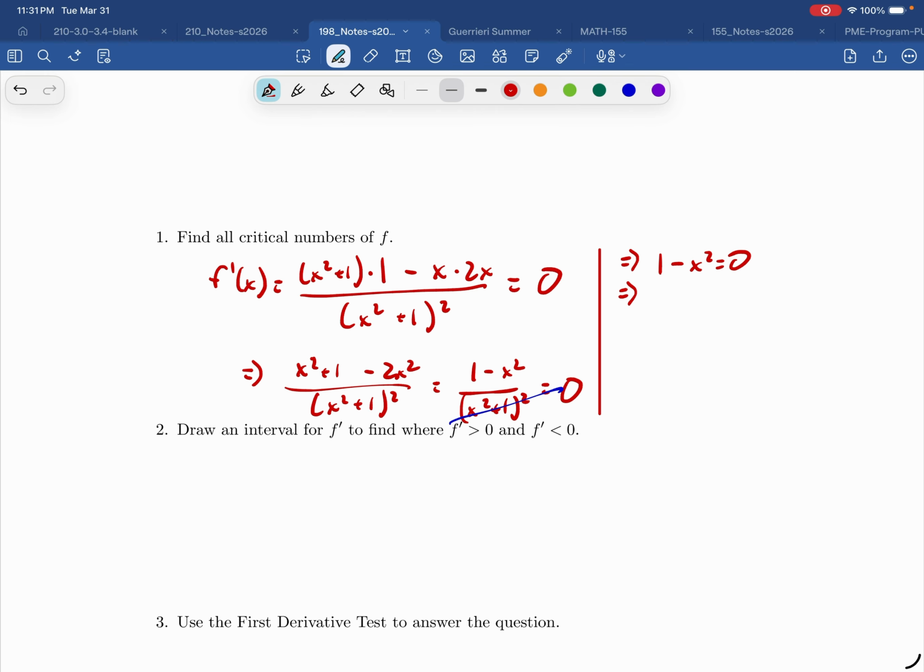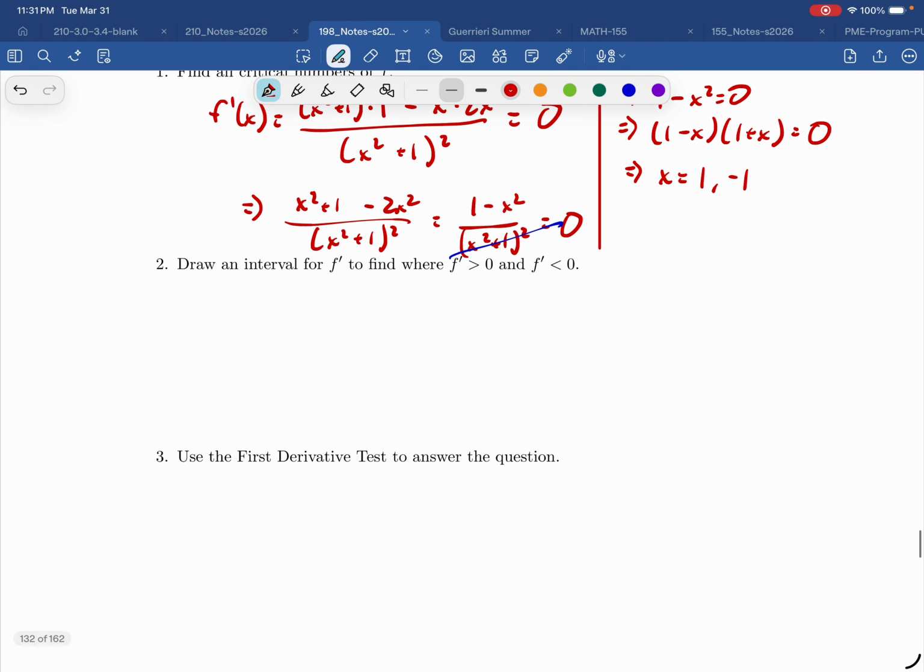And this implies 1 minus x times 1 plus x equals 0. If that factoring is weird to you, write it as x minus 1 equals 0. Okay, anyway, this is x equals 1 and negative 1. Those are critical numbers. So now we're going to draw an interval.